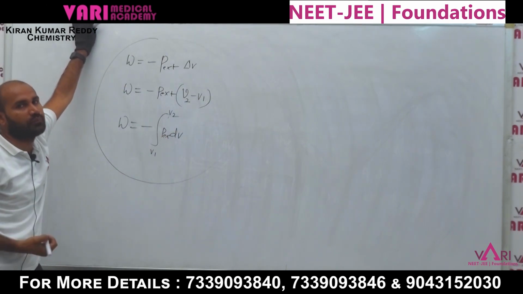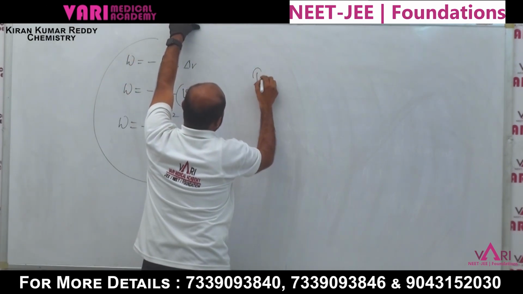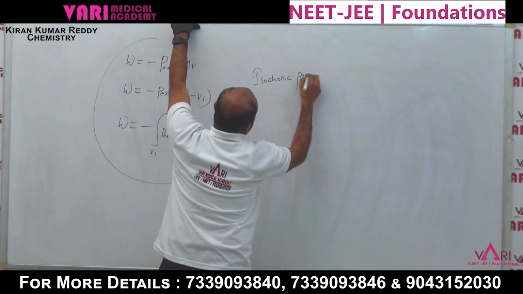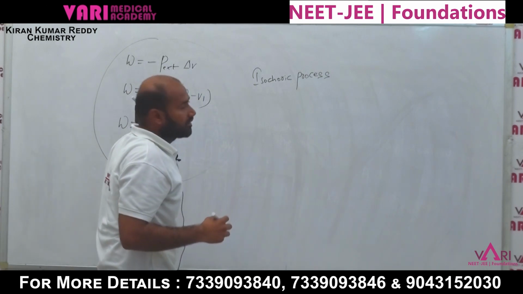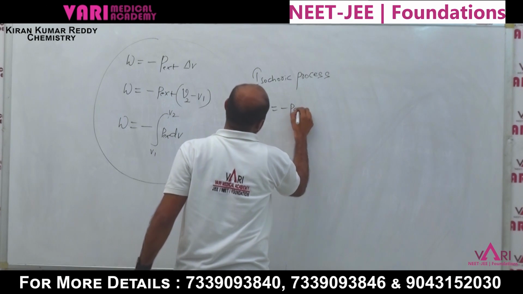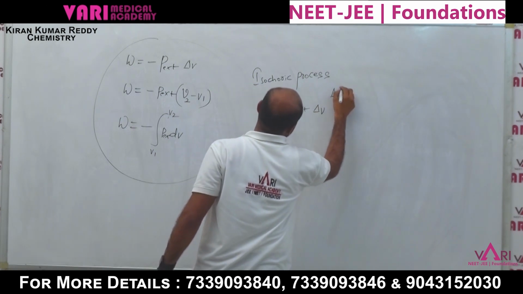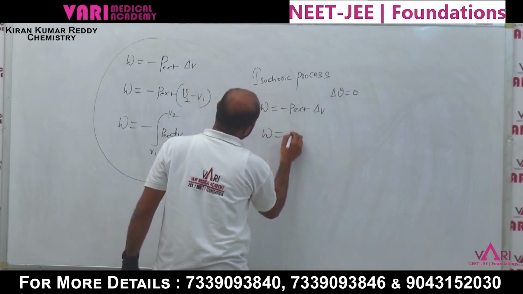Numericals are asked on these. For example, in an isochoric process, work is equal to minus P external delta V. In the isochoric process, delta V is equal to 0, so W is equal to 0.